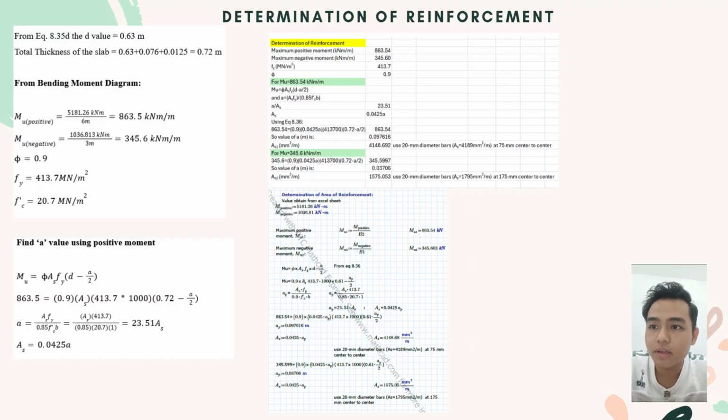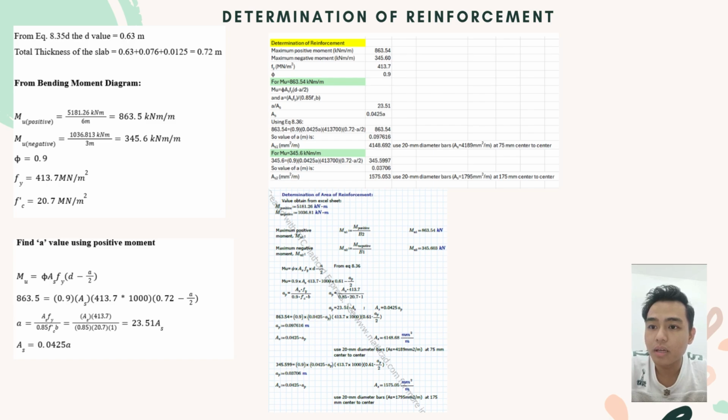Then, using the maximum positive moment, the area of steel reinforcement is calculated using the equation Mu equal to phi times As times Fy times d minus a over 2.